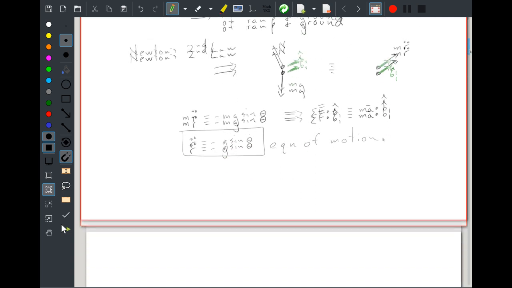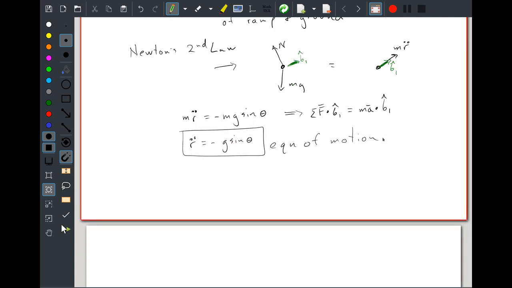So now I can use that equation of motion to integrate. I'm going to use the chain rule here. So d r dot dt is also equal to d r dot dr times dr dt, which is negative g sine theta.